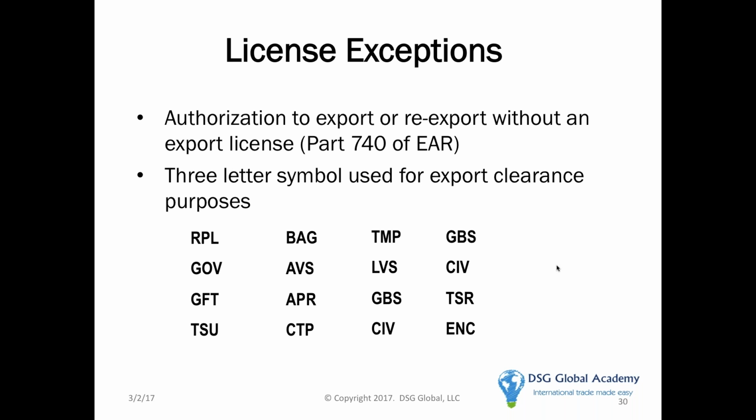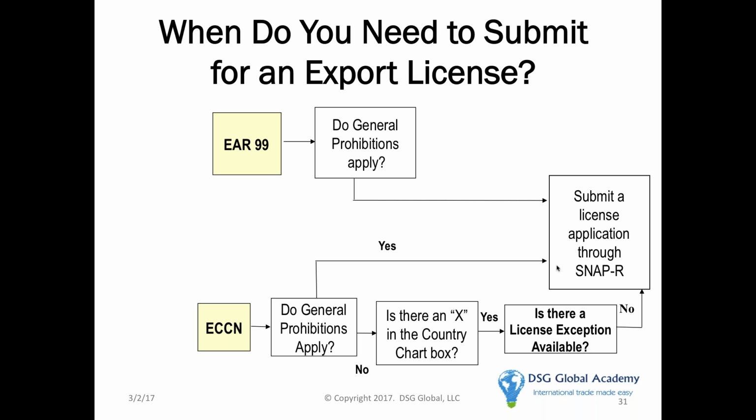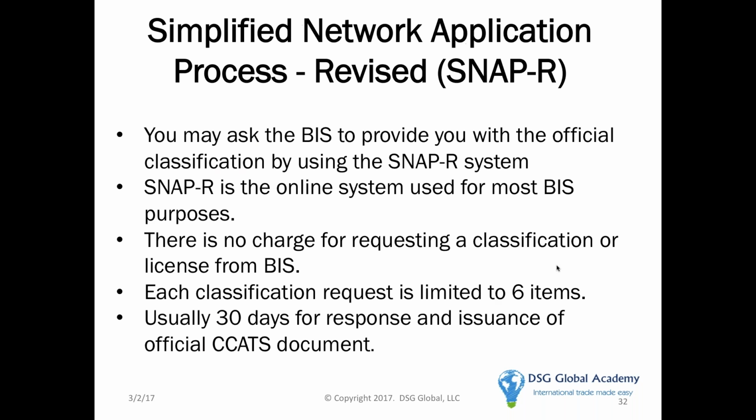And there are several license exceptions, and these are usually listed under the ECCN number for your product. And if there is no license exception, then you need to submit an export license on the online tool called SNAP-R. SNAP-R is a great tool.